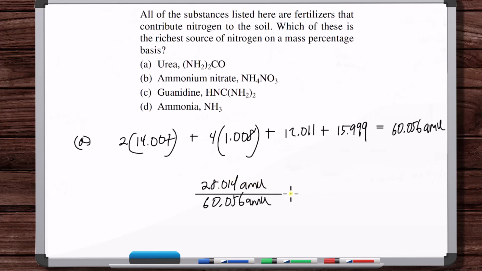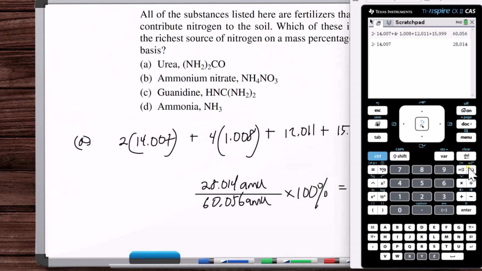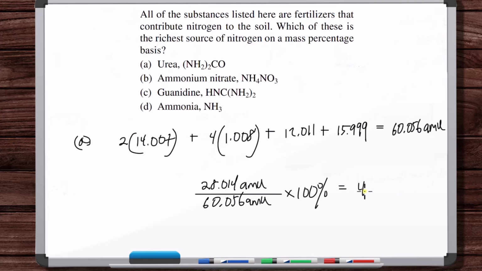And we're going to get this as a percentage. 46.6%. That's the percent composition by mass of nitrogen in urea.